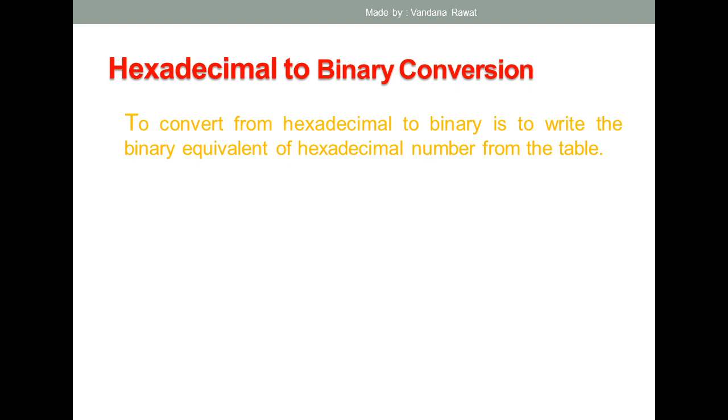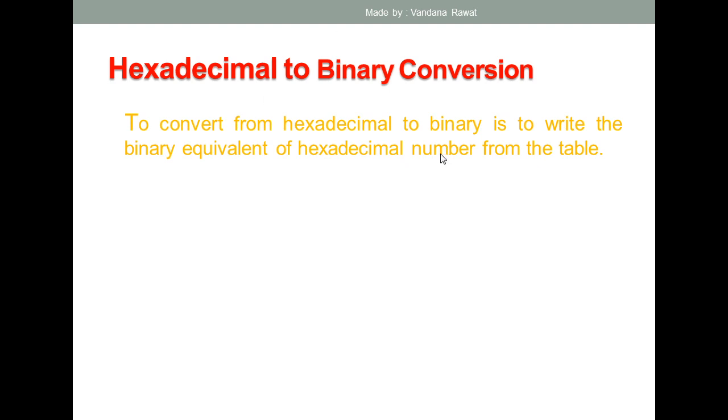As in the previous video lectures, I have told you about one table in which you have converted the hexadecimal numbers into binary, and another table in which you have converted the octal numbers into binary. So there are two tables basically.